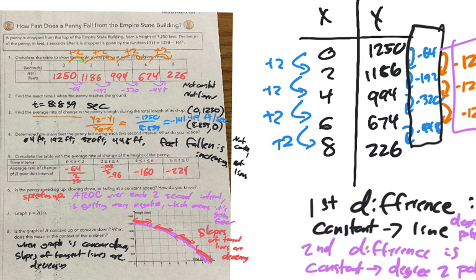What's the power of x? 1. There is no power, it's understood 1. So it's a first degree polynomial, which makes it a line. For a second degree polynomial, that's going to be something like ax squared plus bx plus c, which is a parabola, which is a quadratic.